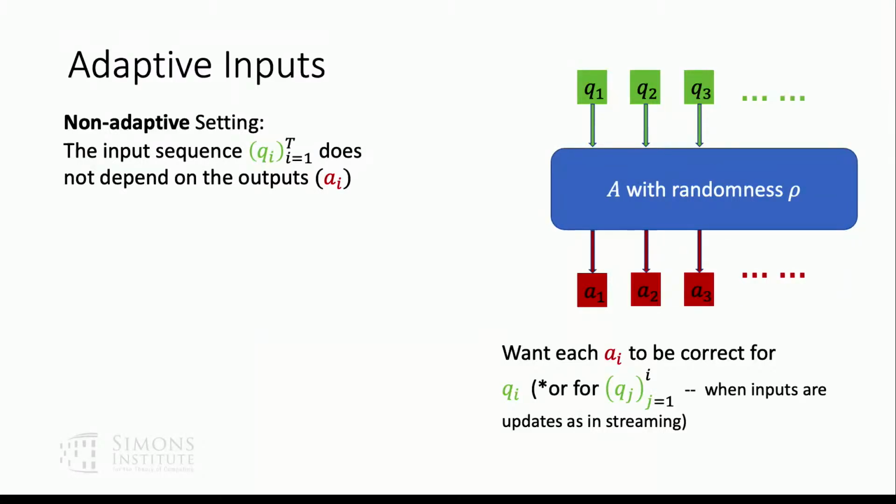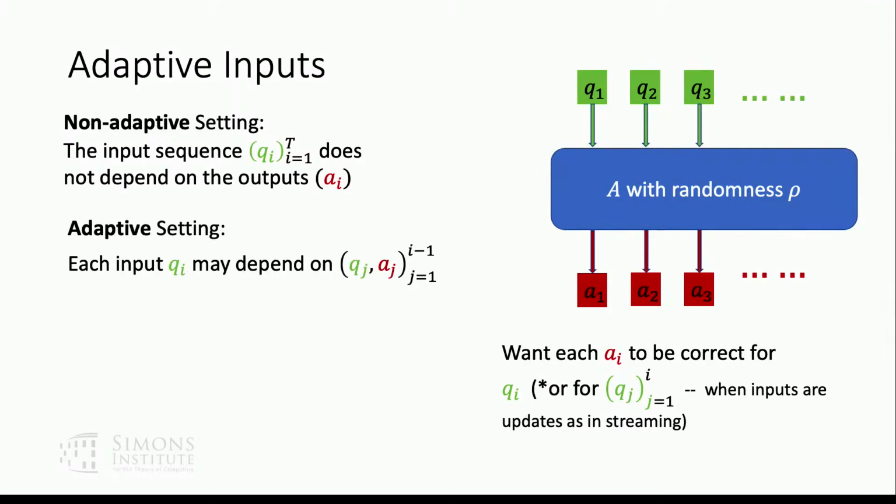And the assumption here is that the next queries don't depend on the prior answers, right? And in the adaptive setting though, there could be a dependence.